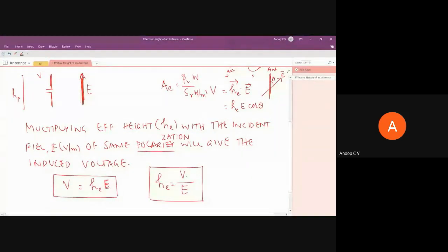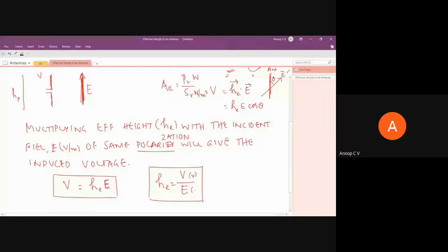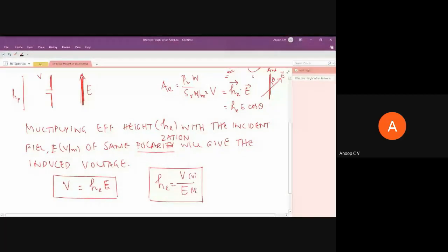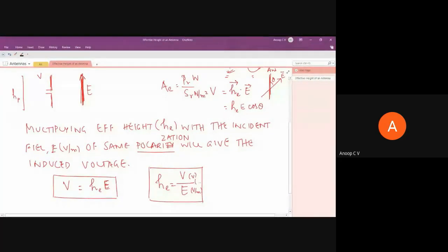So here again, the unit of voltage is volt, and the unit of field intensity is volt per meter. So volt divided by volt per meter, the unit will be meter.